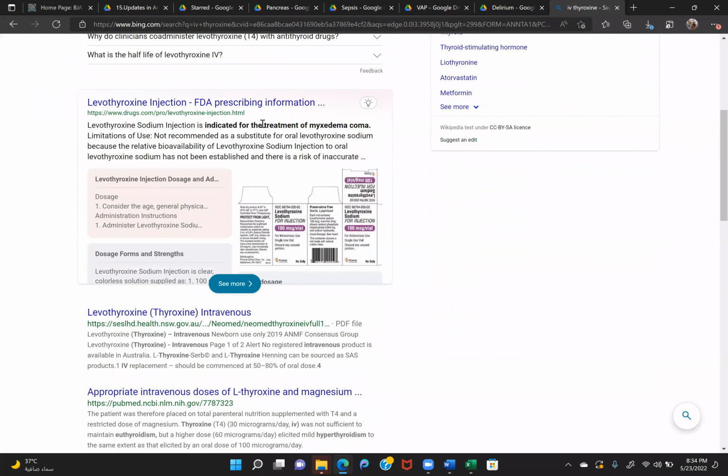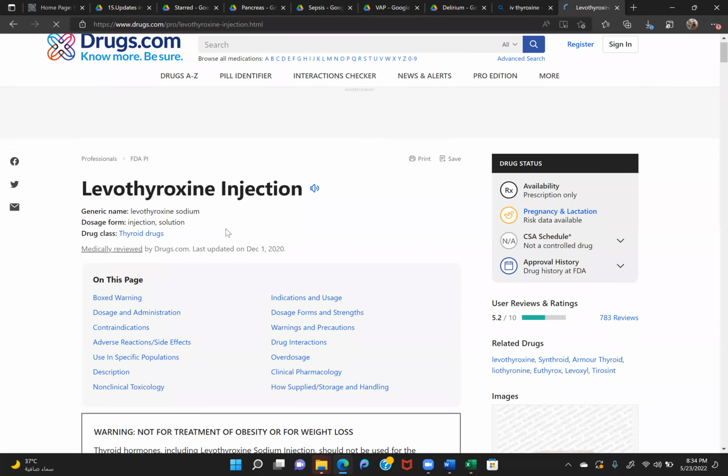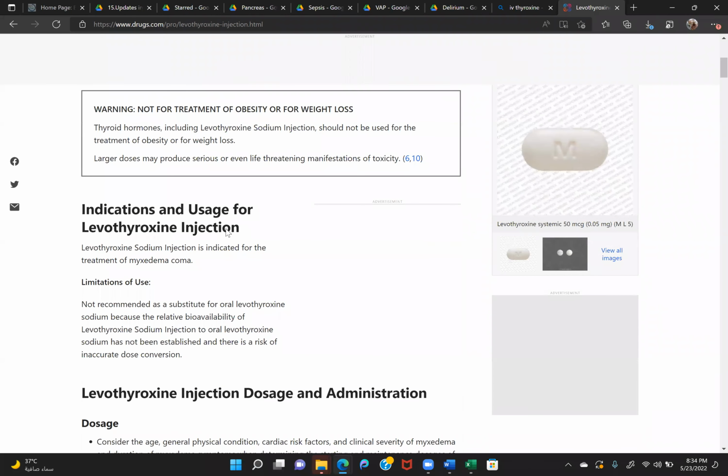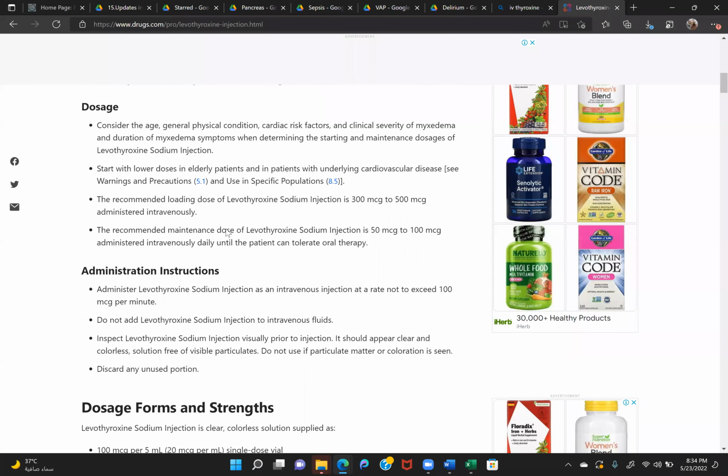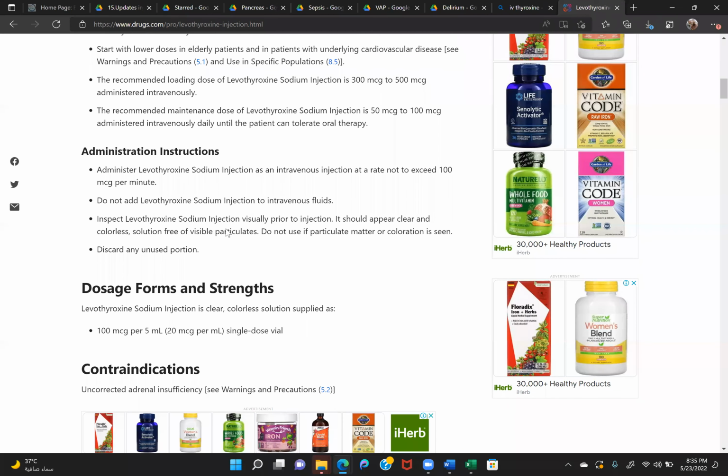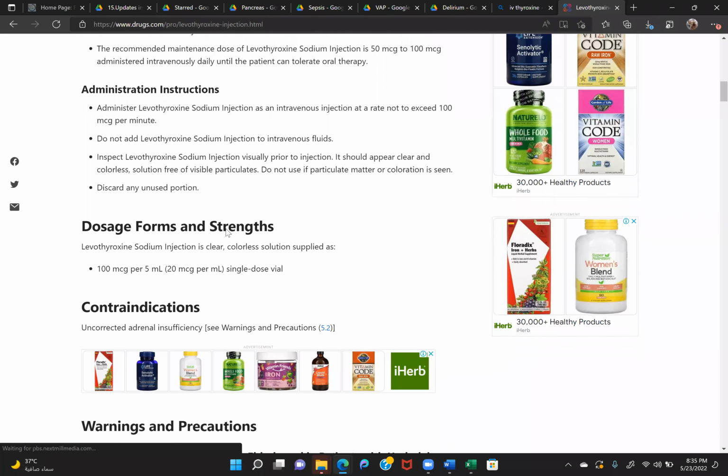But there are two forms: one is levothyroxine and one is thyroxine. I think levothyroxine we give in mics, 250 mics or 300 mics. I have just opened it, and you can see here, 100 microgram per 5 ml single vial dose.